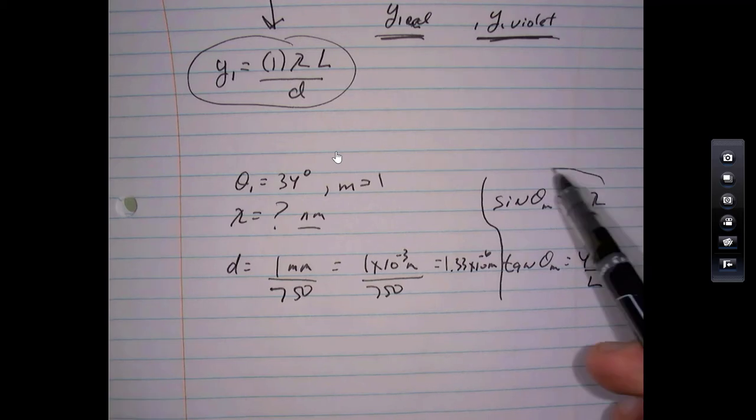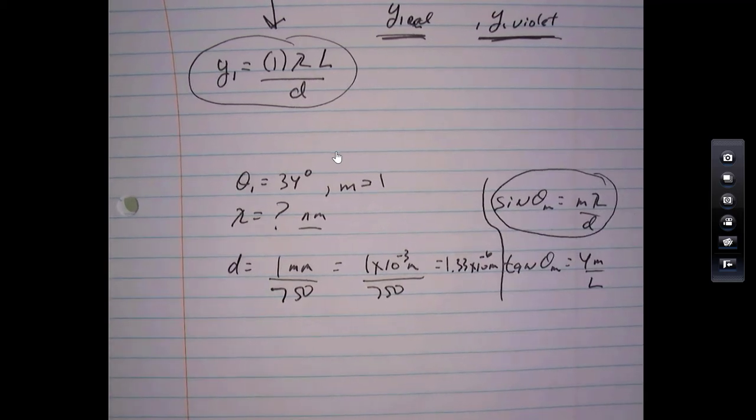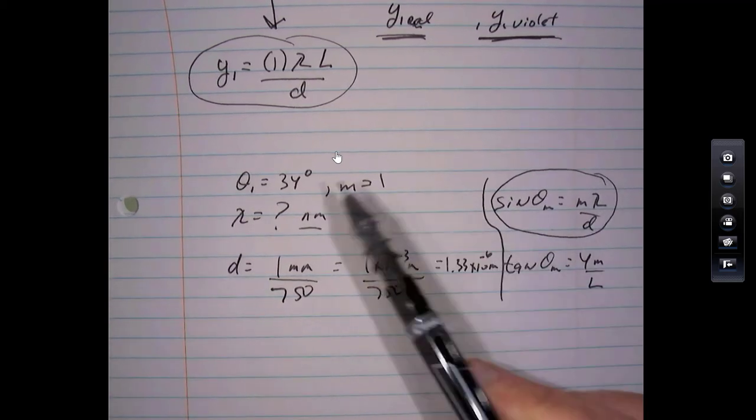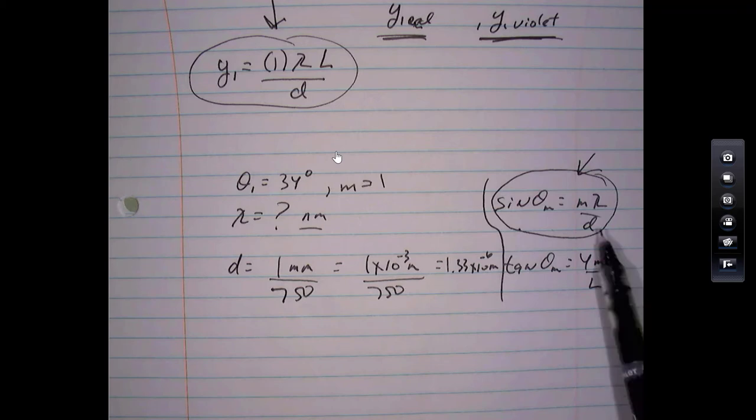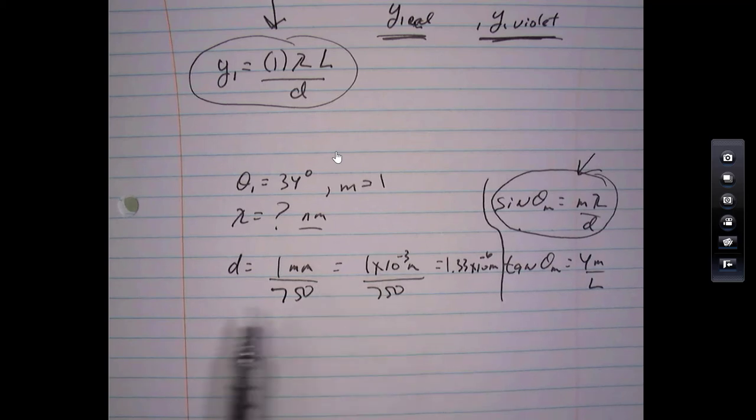So it looks like probably we could just go with this formula to figure out the wavelength. Right? We have theta, so we could take the sine of theta. We had to do a little bit of work to get d, but we have it. m is just equal to 1. So from this formula here, you can do a little bit of algebra and solve for the wavelength. Just remember, it's going to come out in meters, so convert to nanometers.